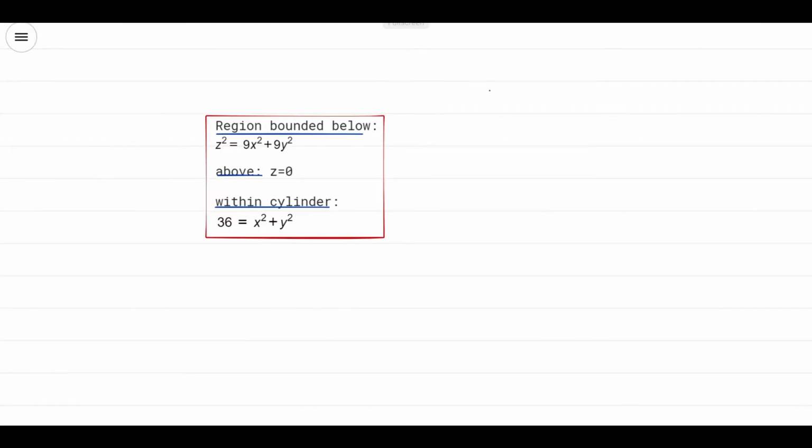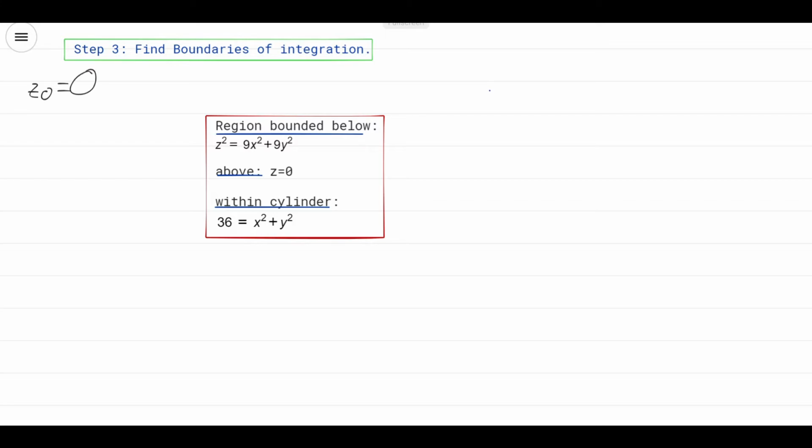So for step 3, we're going to find the bounds of integration. We're going to start with the z bounds. We're given the region z squared equals 9x squared plus 9y squared, above z equals 0. So right off the bat, we know that our lower z bound is 0. And our upper z bound is z squared equals 9x squared plus 9y squared.